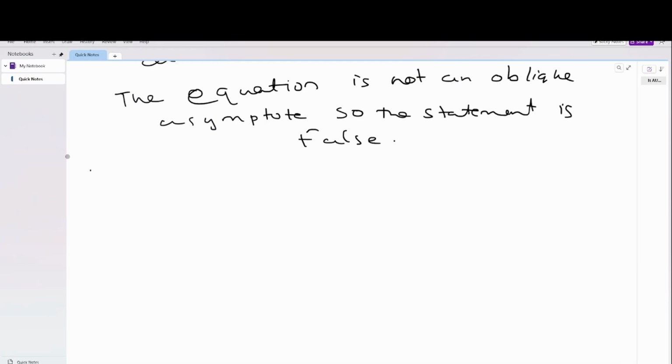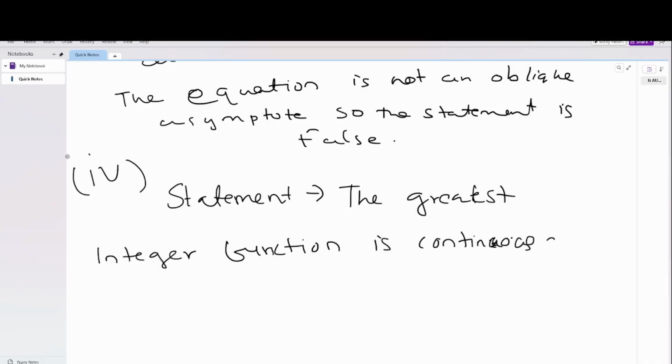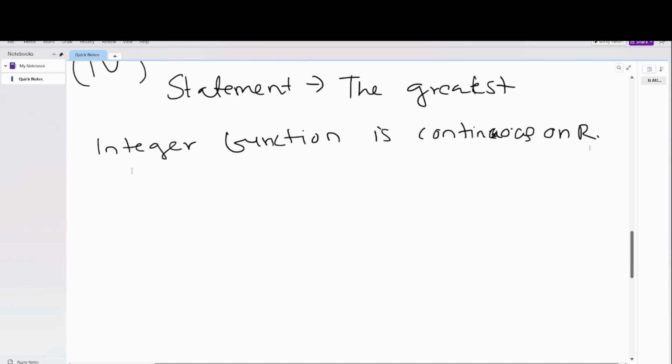The statement is, the greatest integer function is continuous on R. We want to prove whether this statement is true or false.